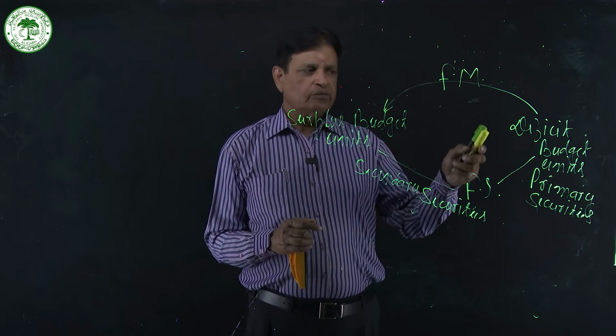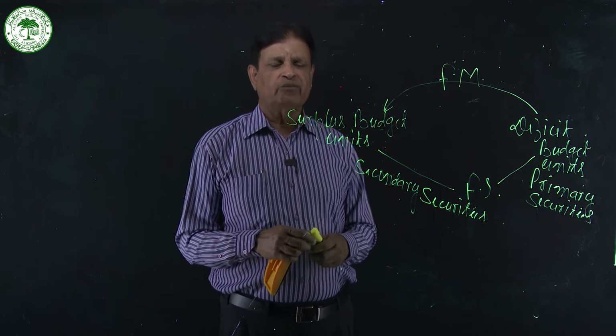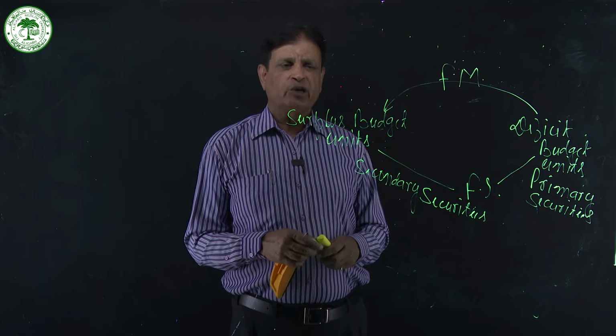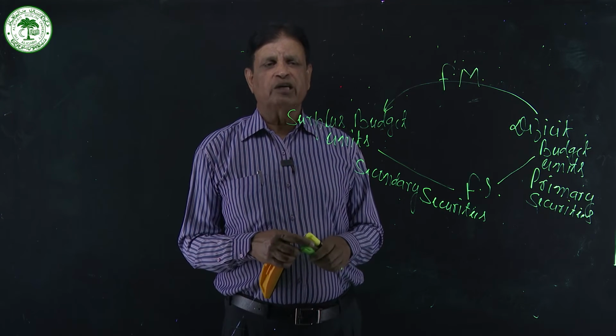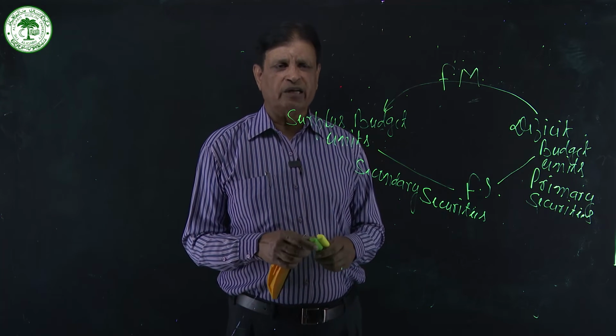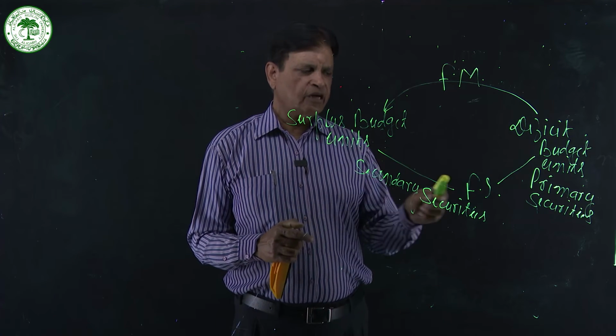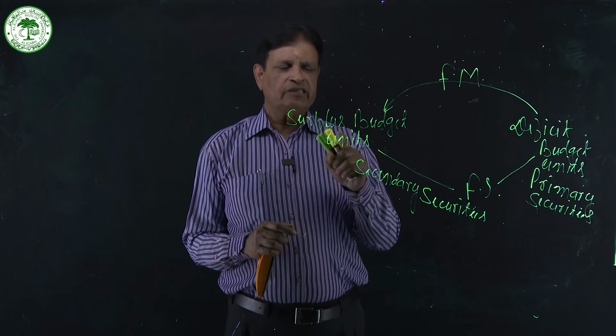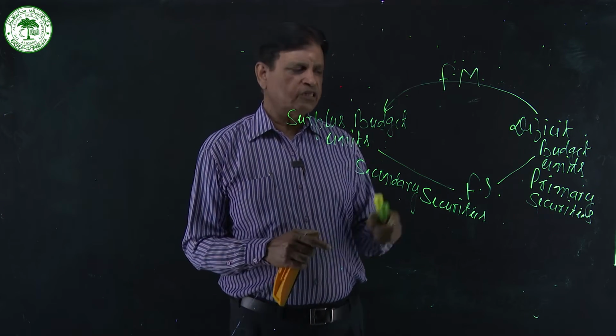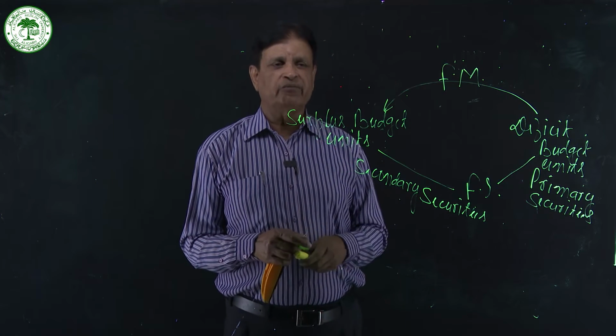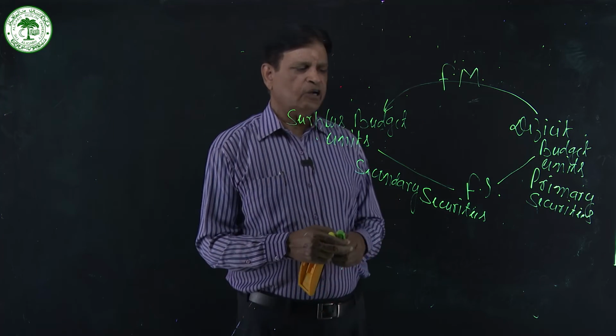So the security issued by the farmer is a primary security, because the farmer is the ultimate user of the fund or ultimate borrower. And the security that the surplus budget unit is purchasing from the financial intermediaries is a secondary security.